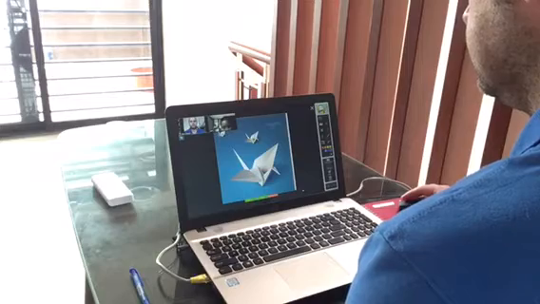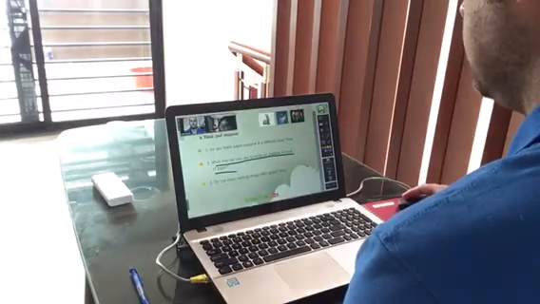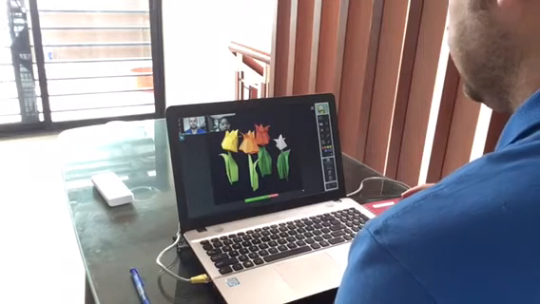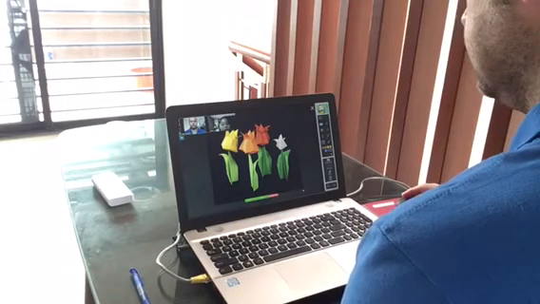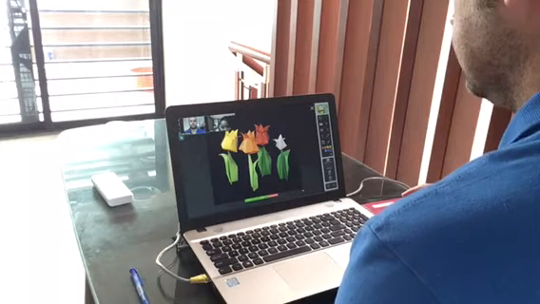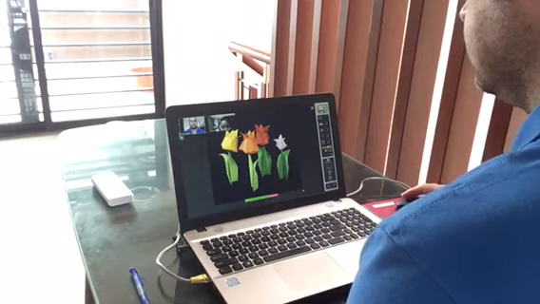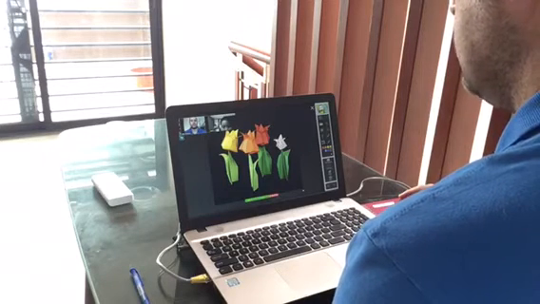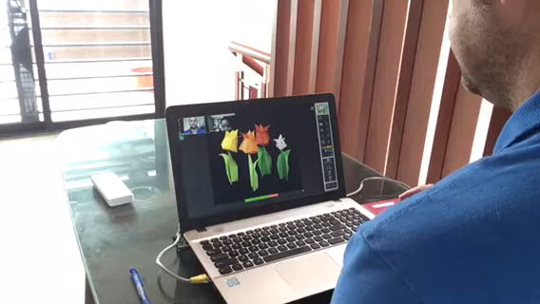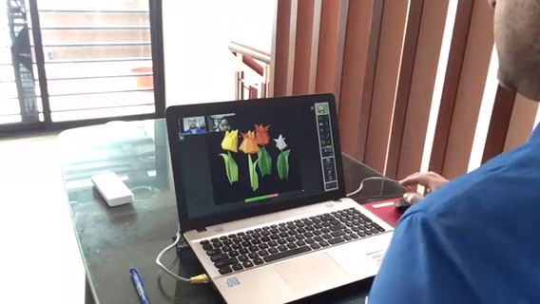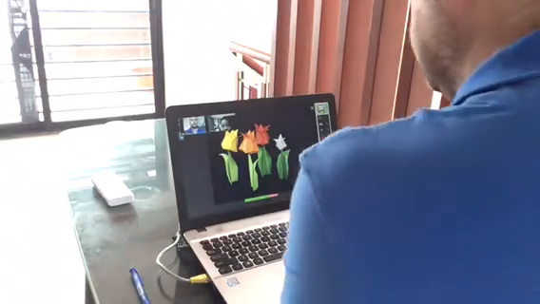A paper bird. Yes, a paper bird, good. And then what does this look like? Does this look like flowers? So this is a paper flower.